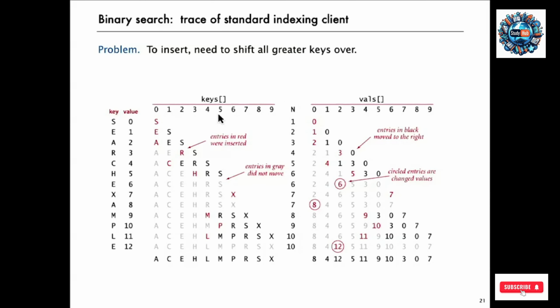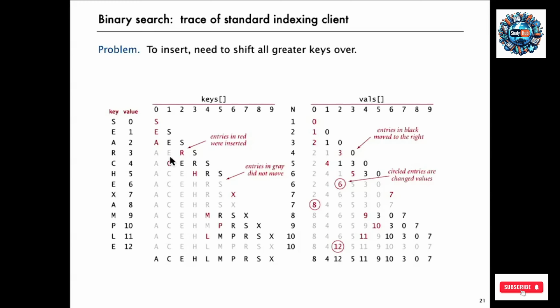Now, the problem with binary search is, well, not necessarily the problem, but the situation is that when it's time to insert a new element, we have to move everything larger over one position, just like in insertion sort.